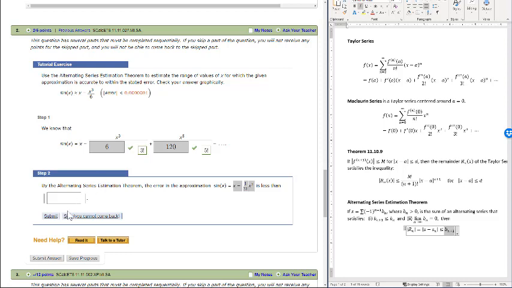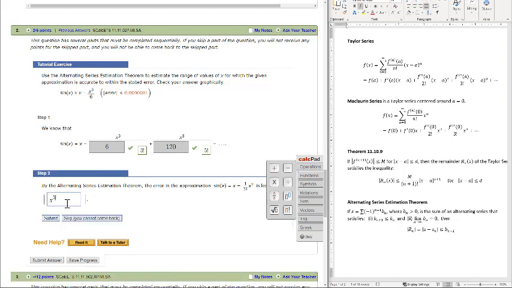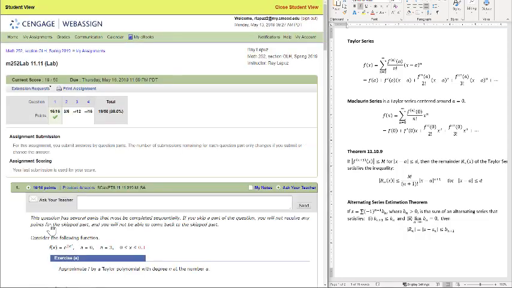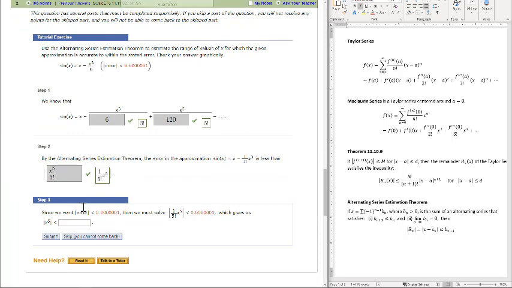So our next term is this term, x to the 5th divided by 5 factorial, or 120. Okay, so that worked out.